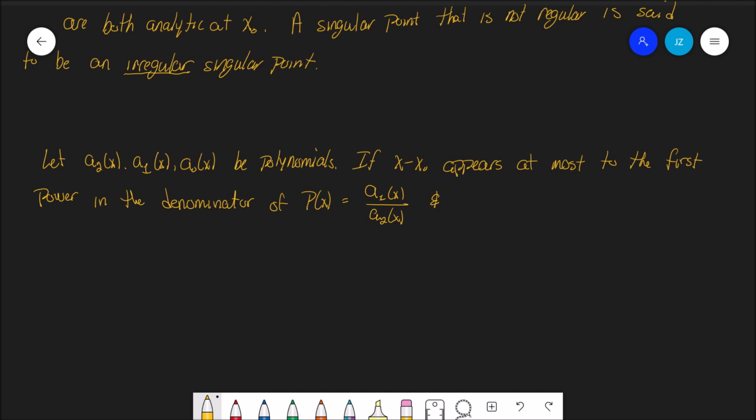And at most to the second power in the denominator of q of x, which is a0 of x divided by a2 of x.